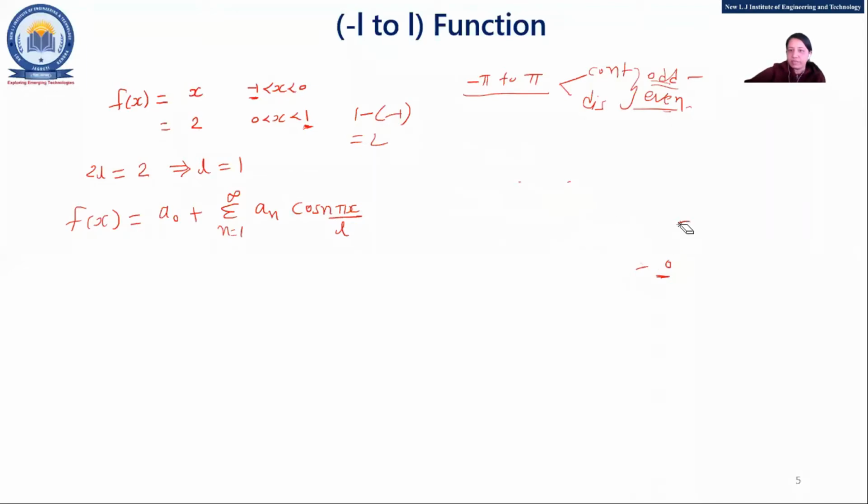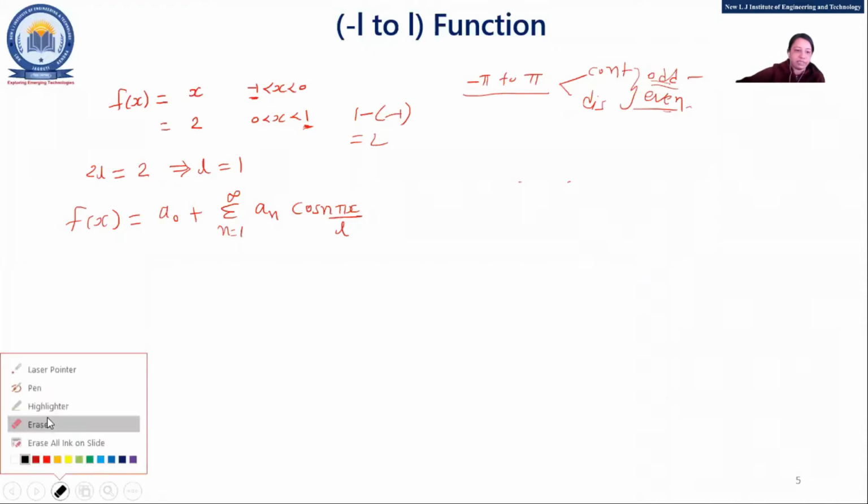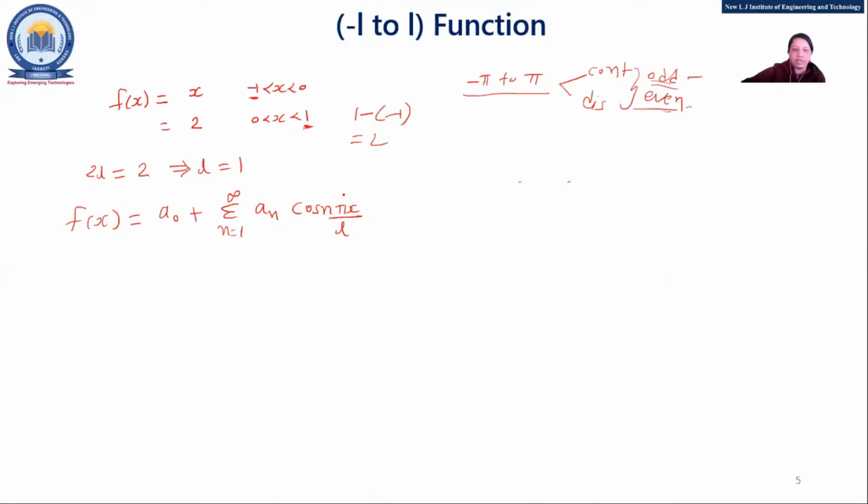The first term will be a0, then the second will be an, but the difference is that here we are writing cos n pi x by L. That is important, and we have done it in 0 to 2L also, right? Plus sigma n equal to 1 to infinity bn, with bn the sine term will be there, sin n pi x divided by L.